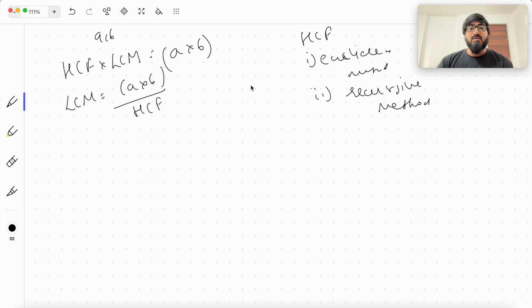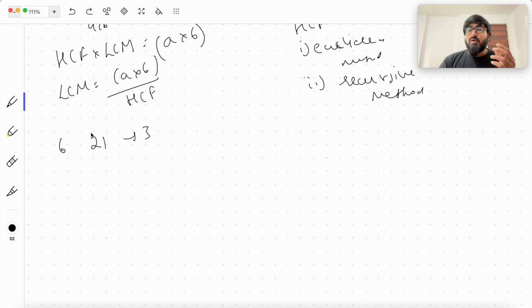If you want to find, say, the HCF of 6 and 21, we know the HCF is 3, the highest common factor. The Euclidean method says that if you are given two positive integers a and b, of which you need to find the HCF, you have to keep replacing the larger value, which is 21, by the difference of the two, as long as they don't become equal.